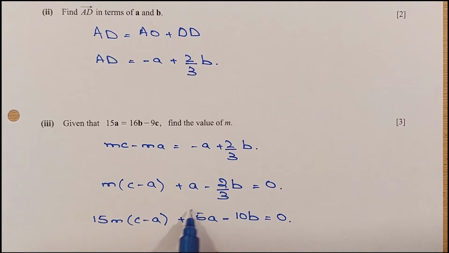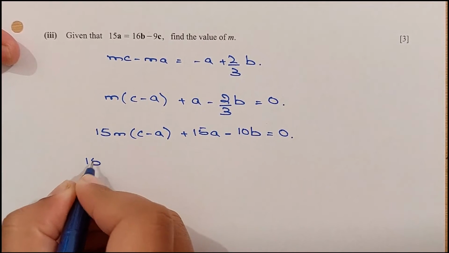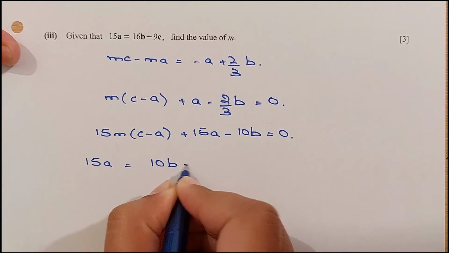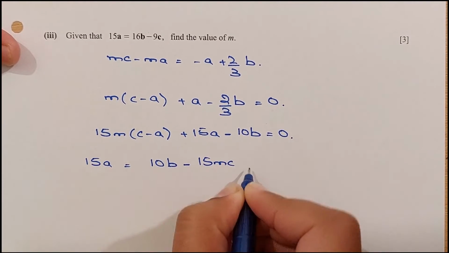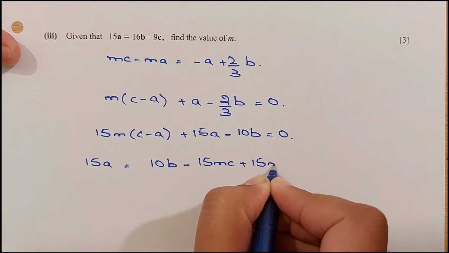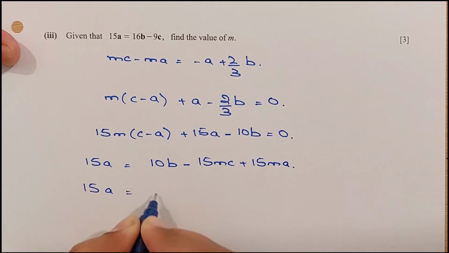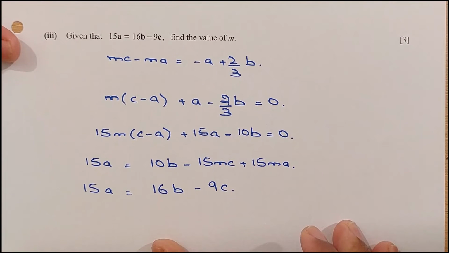Now shifting terms, 15A equals 10B minus 15MC plus 15MA. And from the given, we have 15A equals 16B minus 9C.